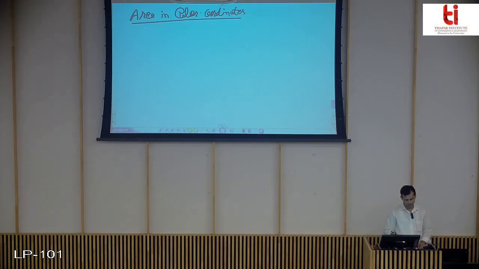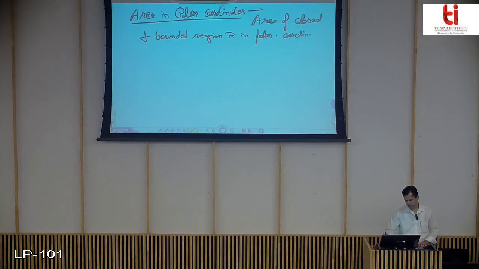So the area of a closed and bounded region in polar coordinates is given by simply, in Cartesian coordinates you have f(x,y) equal to 1 and dA.